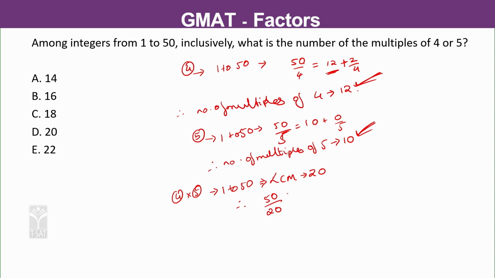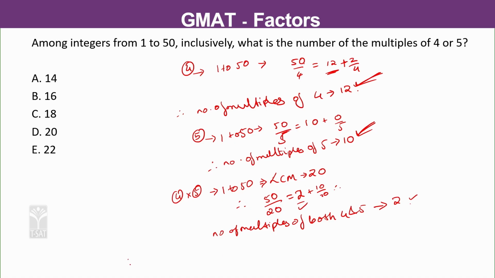So, 50 divided by 20 is 20 twos are 40 plus 10 by 20. Therefore, the number of multiples of both 4 and 5 is equal to 2.